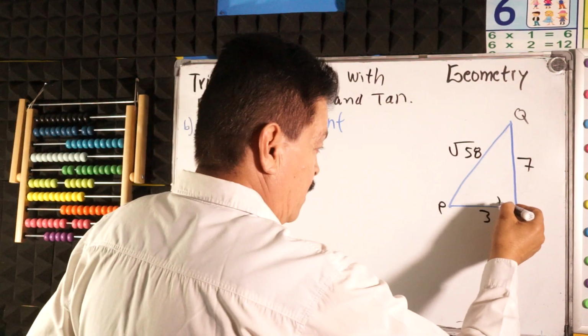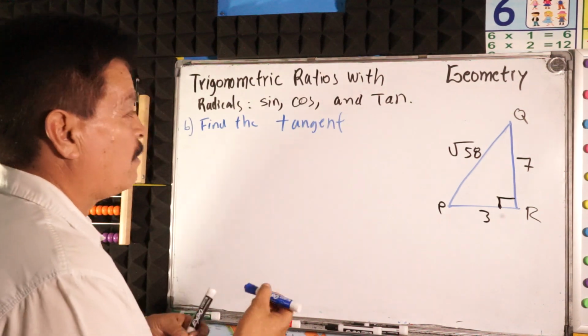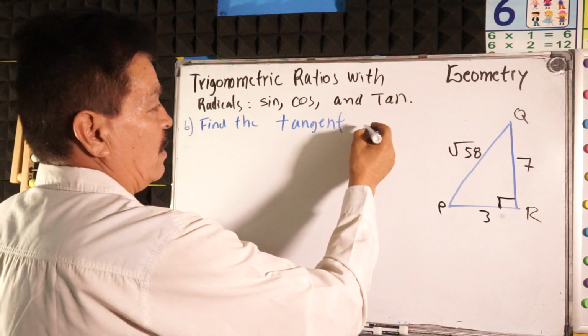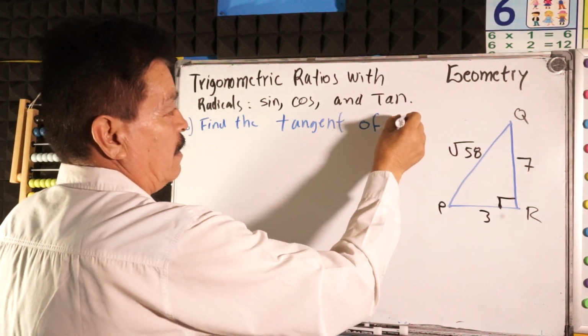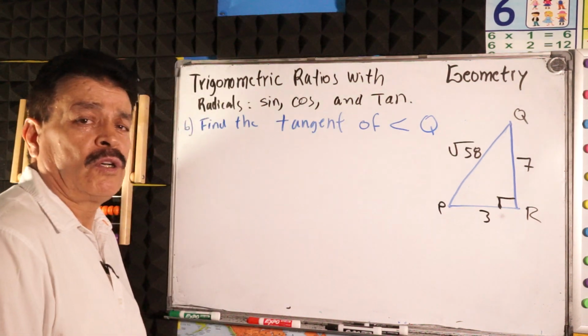This is the 90 degrees. Remember, it's a right triangle. So we have to find the tangent of angle Q.